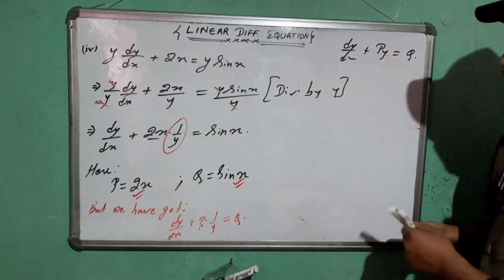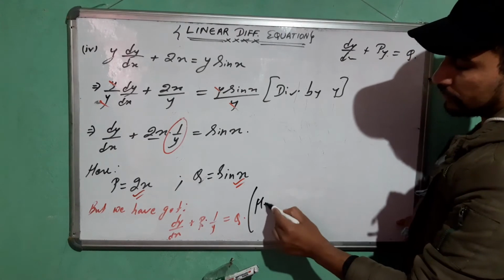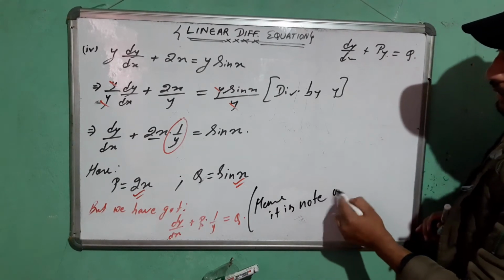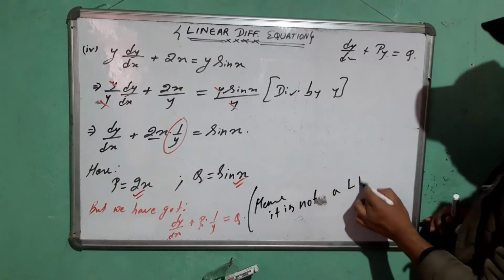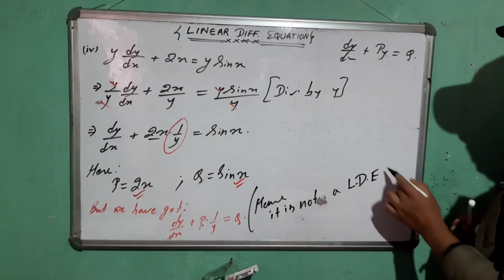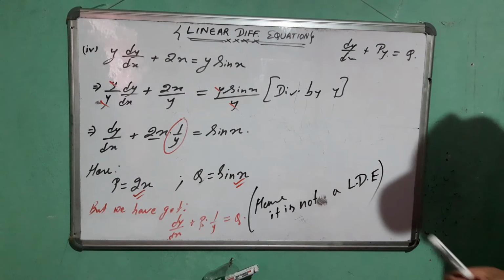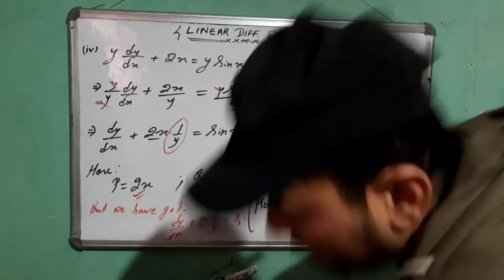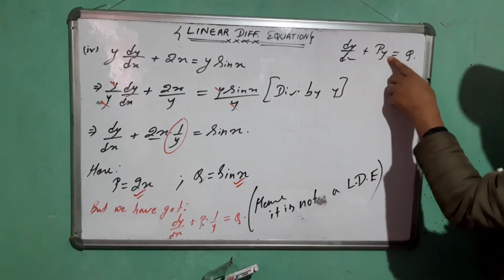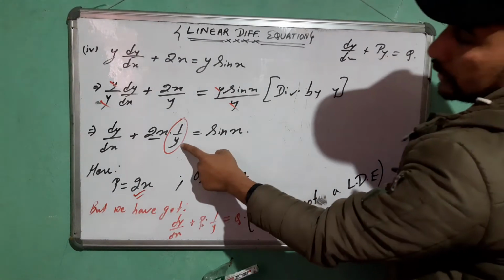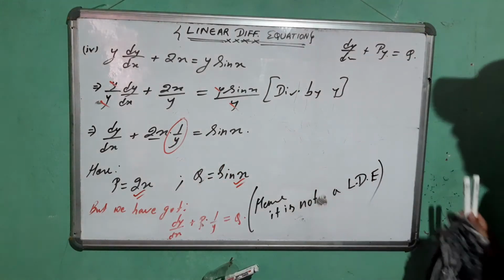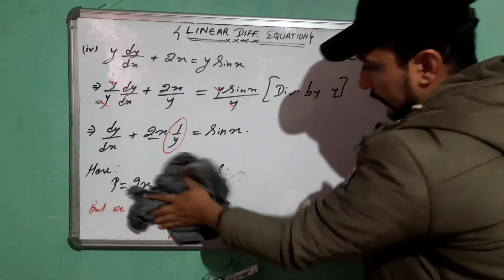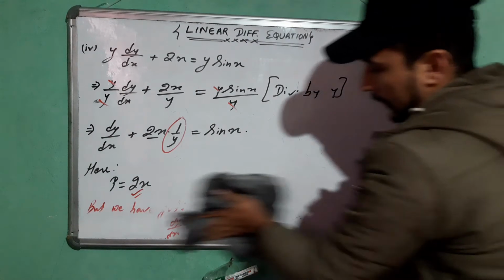Hence it is not an LDE, not a linear differential equation. Okay, remember this. The coefficient of y should be p, but here the coefficient of 1 by y is p. So that is the contradiction. Hence it is not a linear differential equation.